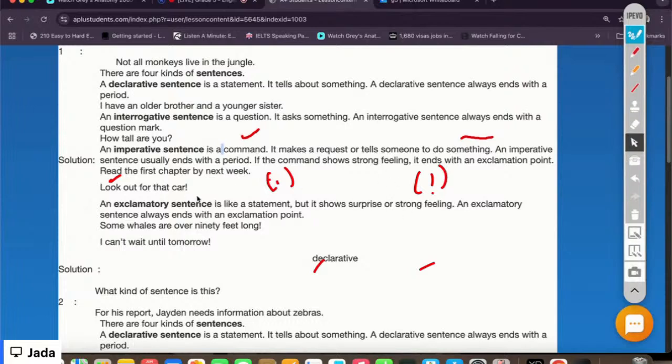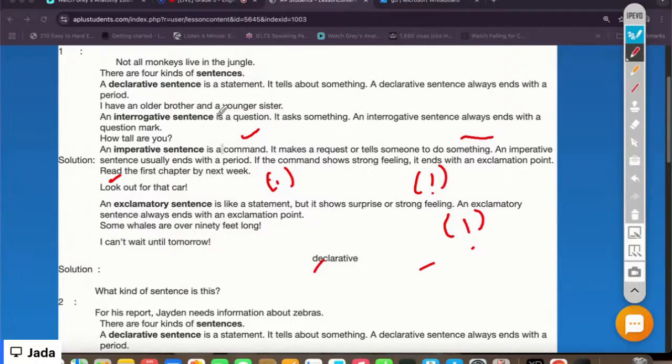Okay, so we have the exclamatory sentence. An exclamatory sentence is just like a statement, but it shows surprise or strong feeling. An exclamatory sentence always ends with an exclamation point. So it's like a statement, just like the declarative before. The difference is that it shows surprise or strong feeling.